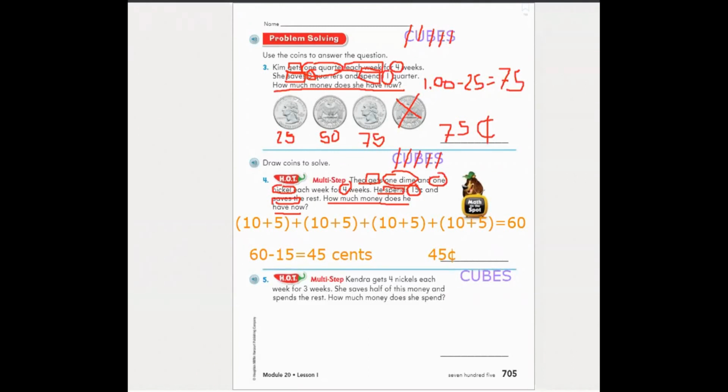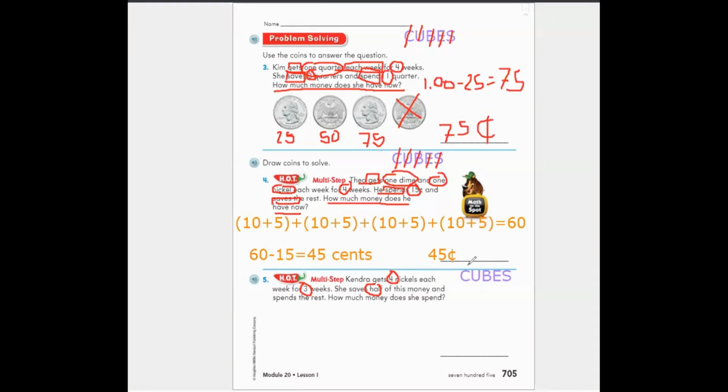Okay, let's move to the last problem. We're going to start with cubes. Kendra gets 4 nickels each week for 3 weeks. She saves half of this amount of money and spends the rest. How much money does she spend? Check. The question is how much money does she spend, not how much money does she save.